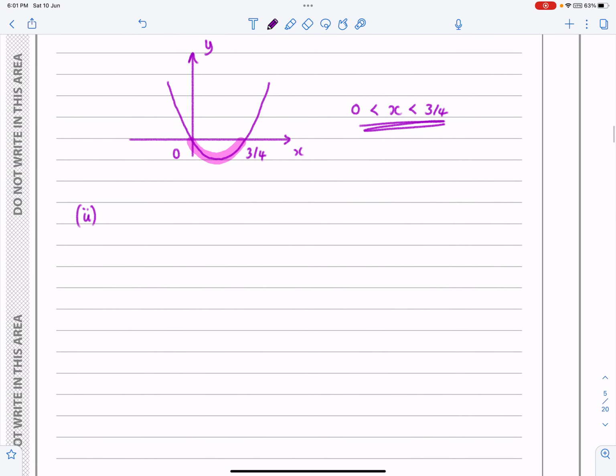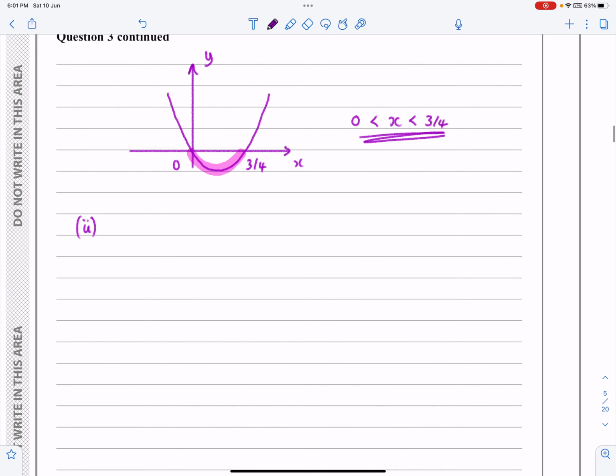So for part 2, first thing I'm going to do is I'm going to say, let's work out that point. y equals 2x squared minus 50. So it hits the axis at y equals 0.